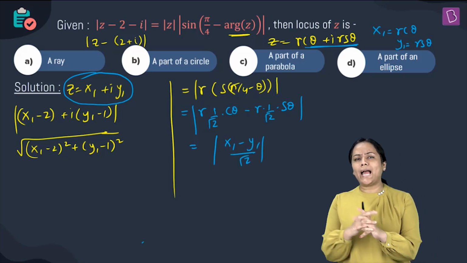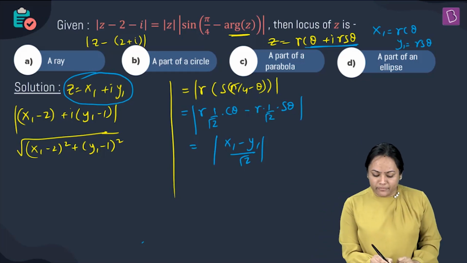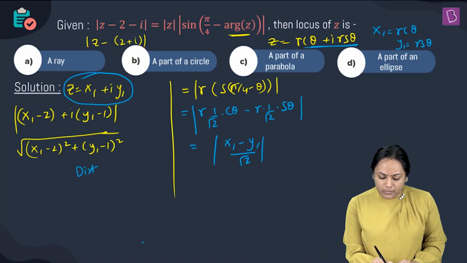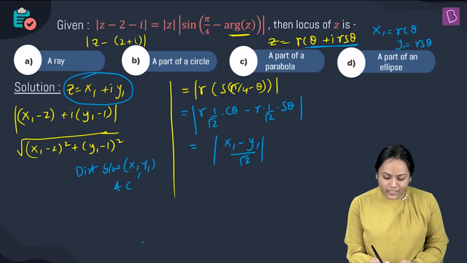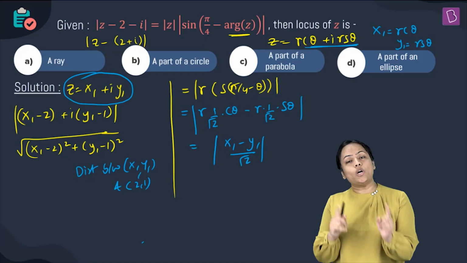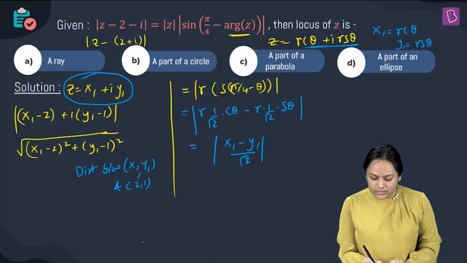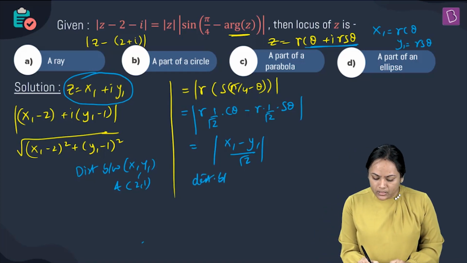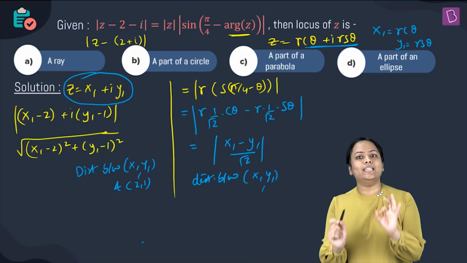Now, what have we actually got? On the left hand side we have the distance between the points (x1, y1) and (2, 1), while on the right hand side I have the distance between the point (x1, y1) and a line.